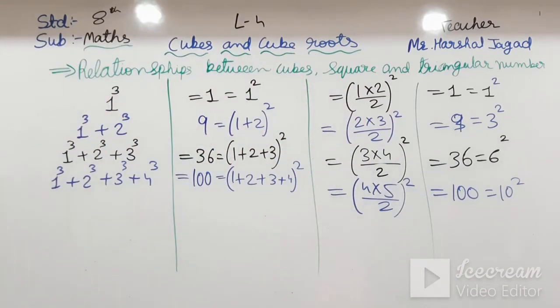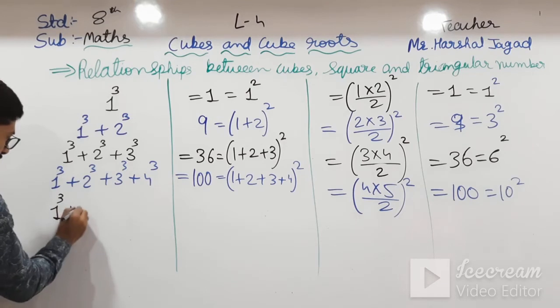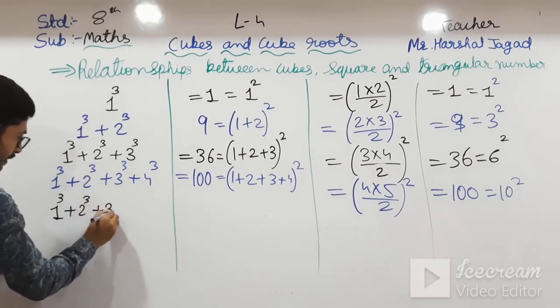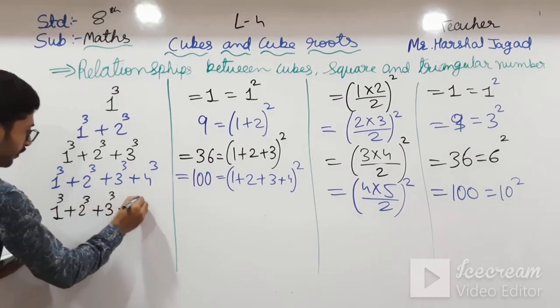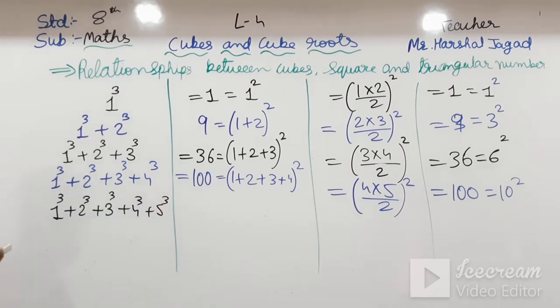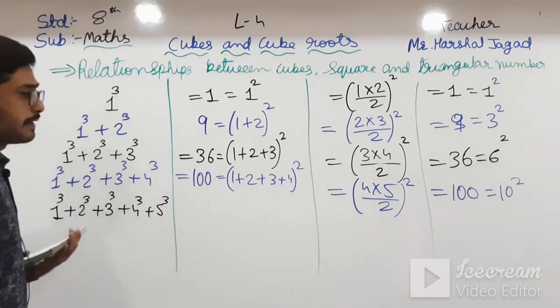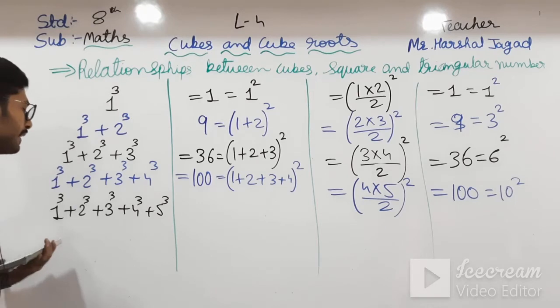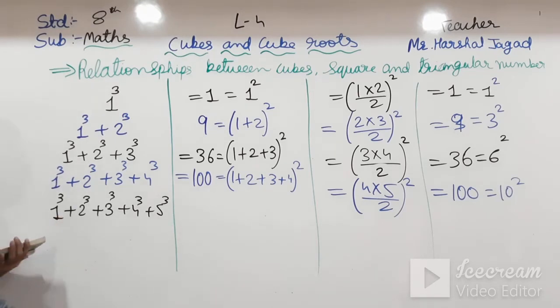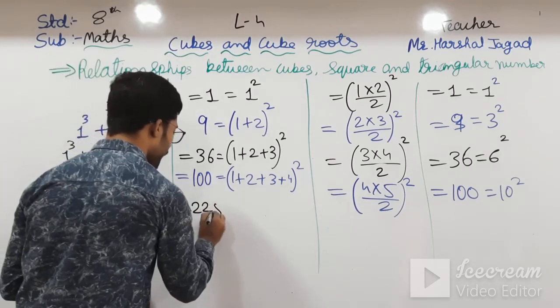And another one, if we take 1 cube plus 2 cube plus 3 cube plus 4 cube plus 5 cube. So what will be the answer? 5 cube is 125, 4 cube is 64, 3 cube is 27, 2 cube is 8 and 1 cube is 1. The total is 225.